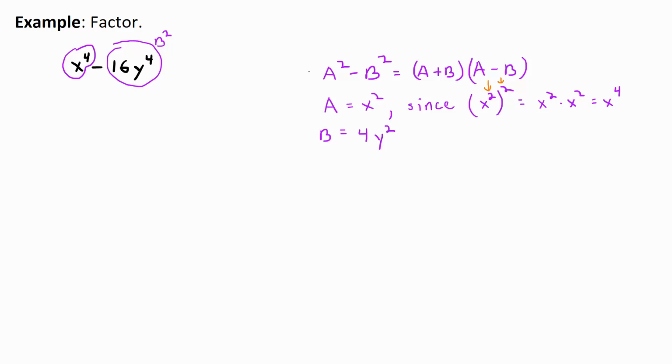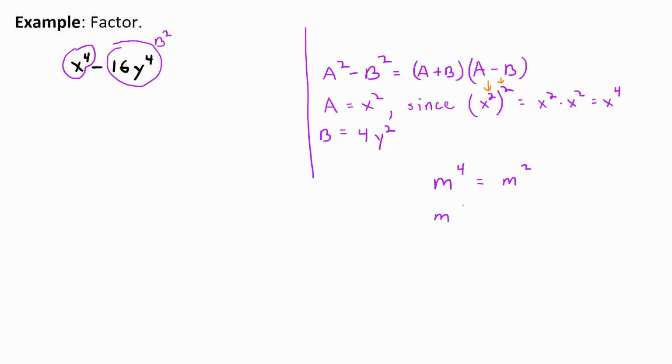So, by the way, any even power of a base, say x, or it really doesn't matter what the base is, you could say m. M to any even power, like 2, 4, 6, 8, is going to be a perfect square. And to get its square root, you can just keep the base and divide the exponent by 2.